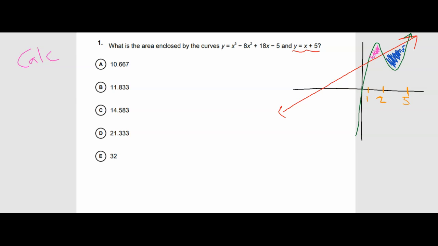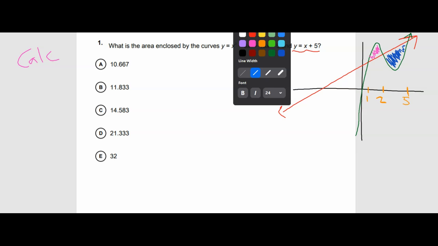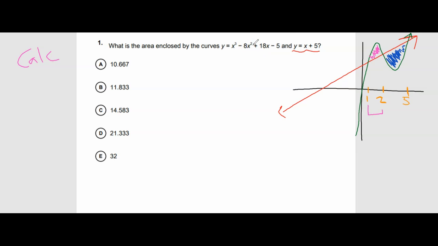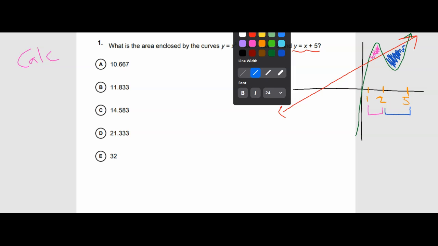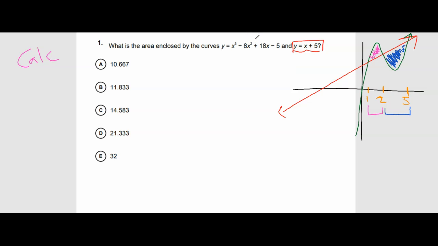We do need to know which is our top and which is our bottom function over both of these intervals. We're going to be going from 1 to 2 and then from 2 to 5. This one's pretty easy, because we should, again, know what a linear function is. So we know that red is y equals x plus 5.